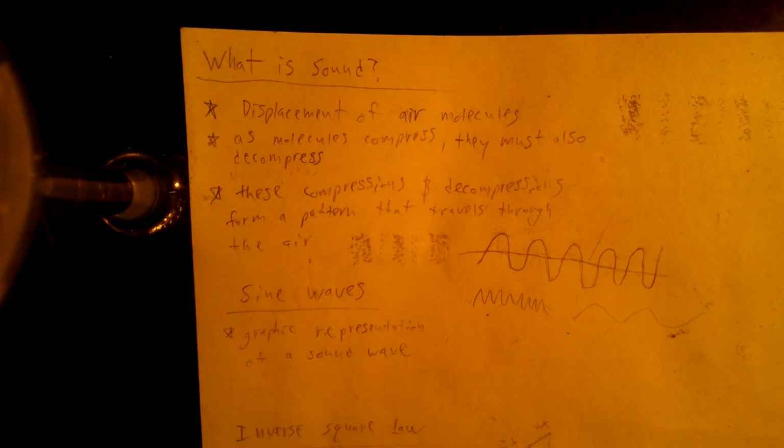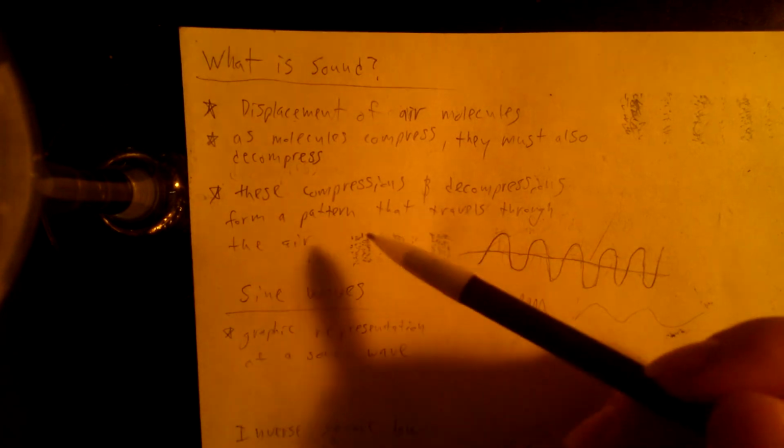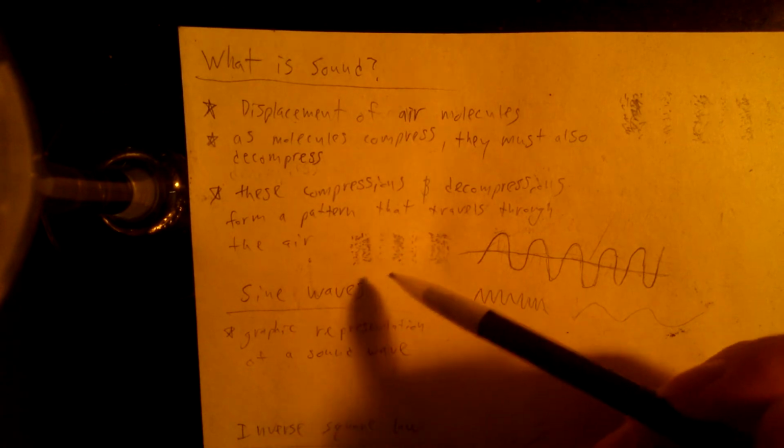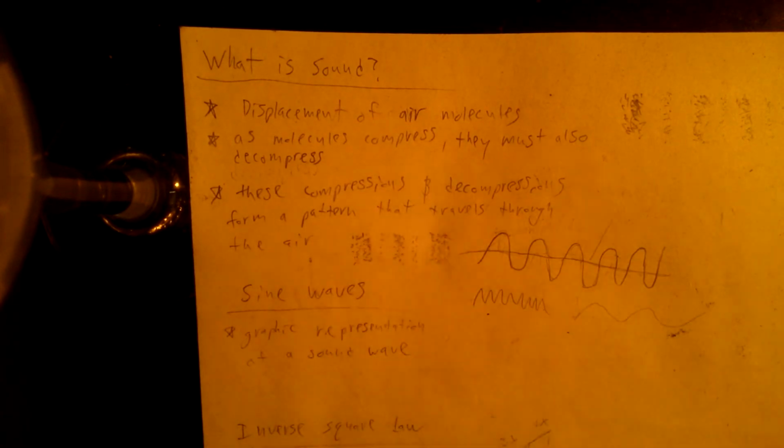sound is basically created through a rapid variation in the density or pressure of air molecules above and below the current atmospheric pressure. So what I mean by that is something like a vibration occurs, me speaking right now or me playing guitar, and this vibrating body, this vibration, is going to cause the particles to compress and then decompress, and then compress and then decompress.